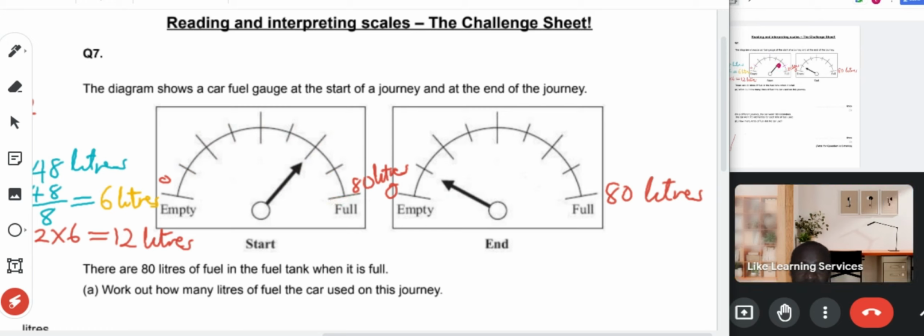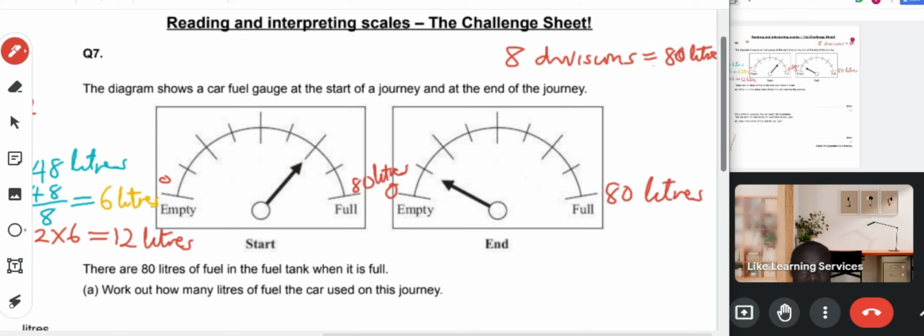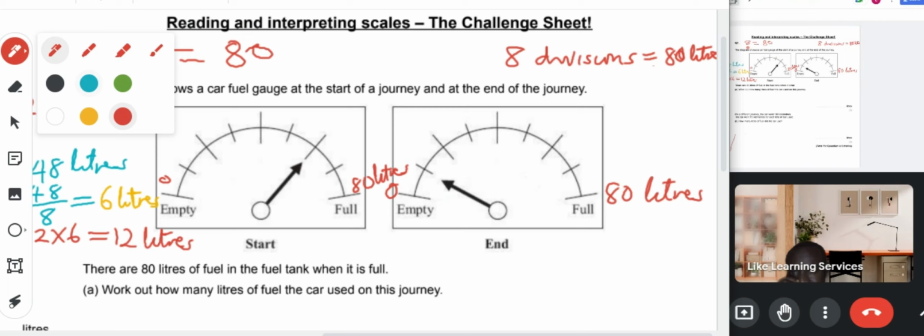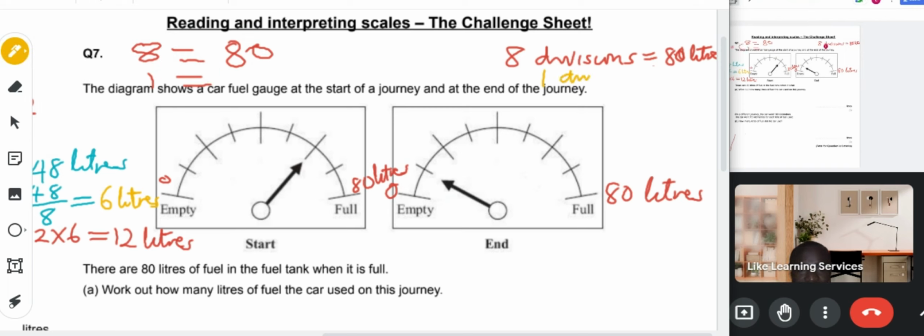So 1 division is what? 80 divided by 8, which is 10 liters. So each is 10 liters.